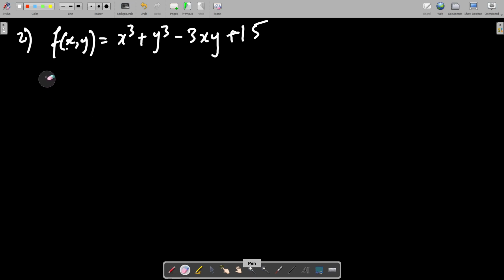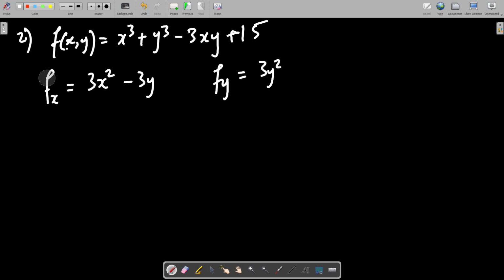Fx, the first order partial derivative over here, is 3x square minus 3y. Fy is 3y square minus 3x. Okay.